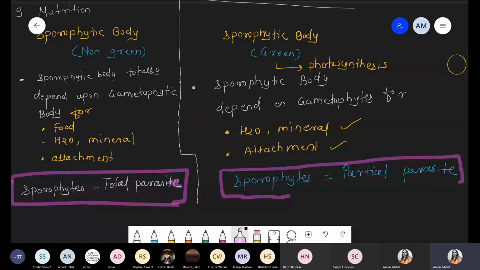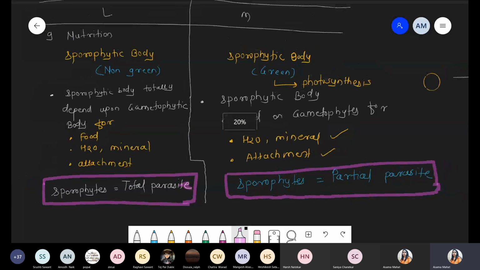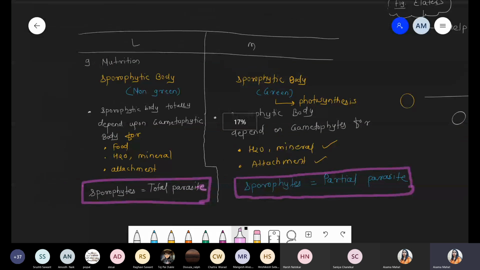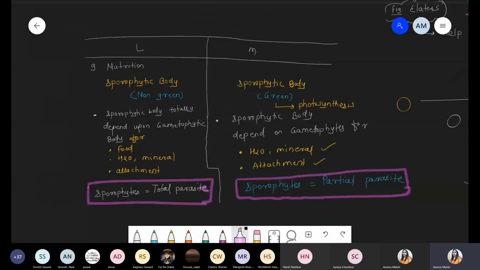Got it? Is there any doubt with respect to partial parasite and total parasite? This point is very, very important. Remember this point, mode of nutrition, because this is exactly the difference between liverworts and mosses. Any question that comes from Bryophyta definitely comes from this point. Total parasite depends for food, water, mineral, attachment, everything, while the other depends only for attachment and water and mineral, because the sporophytic body is green.